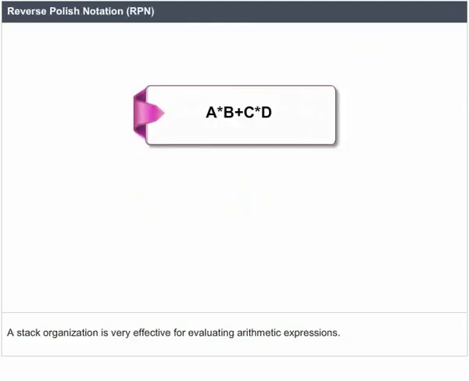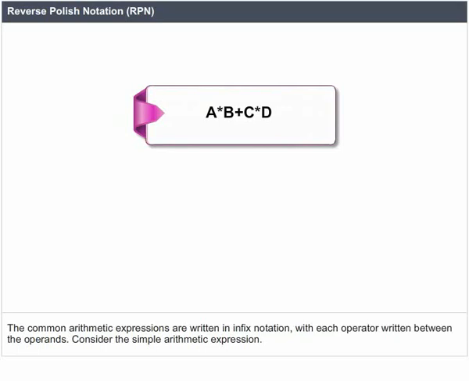Reverse Polish notation (RPN). A stack organization is very effective for evaluating arithmetic expressions. The common arithmetic expressions are written in infix notation, with each operator written between the operands.